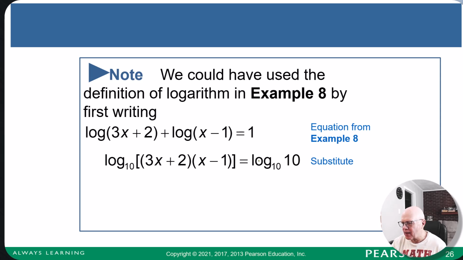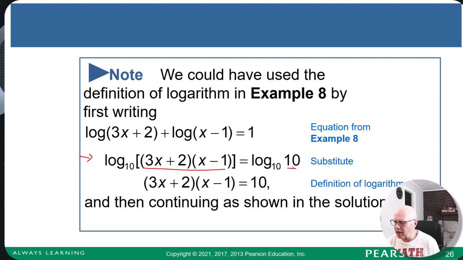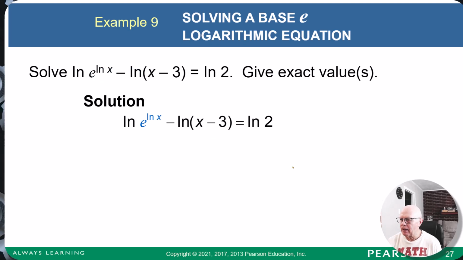If you can think of that, then since the logs are the same, the bases are the same, then the arguments are the same as well. And you go on from there, getting your quadratic equal to 0, using the zero factor property, and checking the two proposed solutions. Next one.